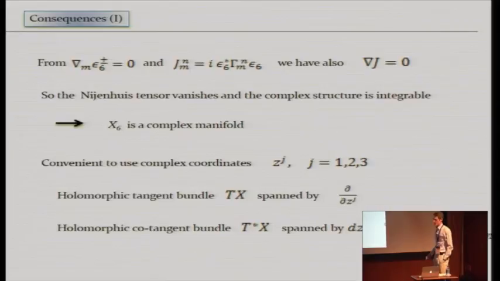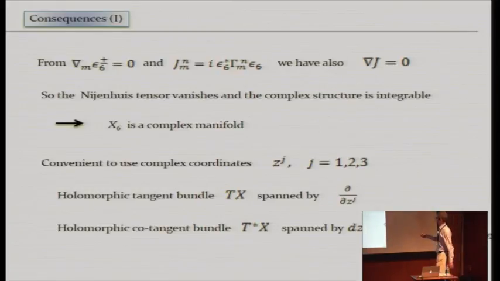Okay, now, so in general, almost complex structure does not imply a complex structure. There are explicit counterexamples to that. But in our case, we have a bit more structure. So remember that the covariant derivative of our spinor vanishes. And of course, this J is just a bilinear. So the covariant derivative of this thing also vanishes. Okay.